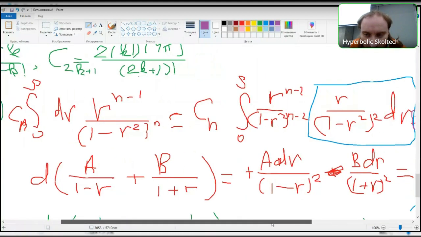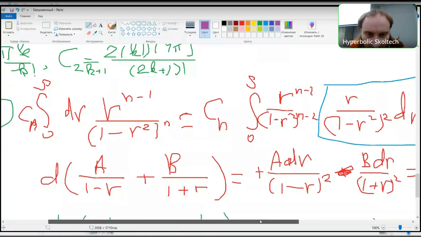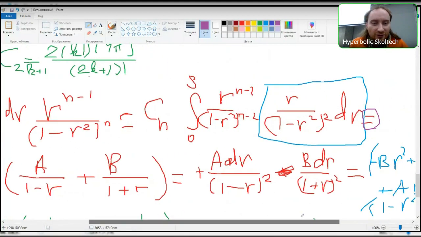For now I have no idea how to compute this because I made a mistake yesterday.